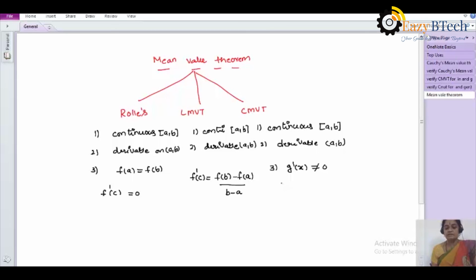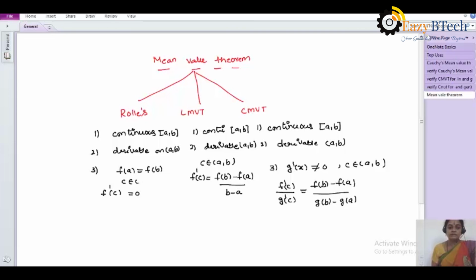And in Cauchy's mean value theorem, the main condition is f'(c) by g'(c) equals (f(b) - f(a)) by (g(b) - g(a)). So if these three conditions are satisfied, there exists an element c belonging to (a, b).